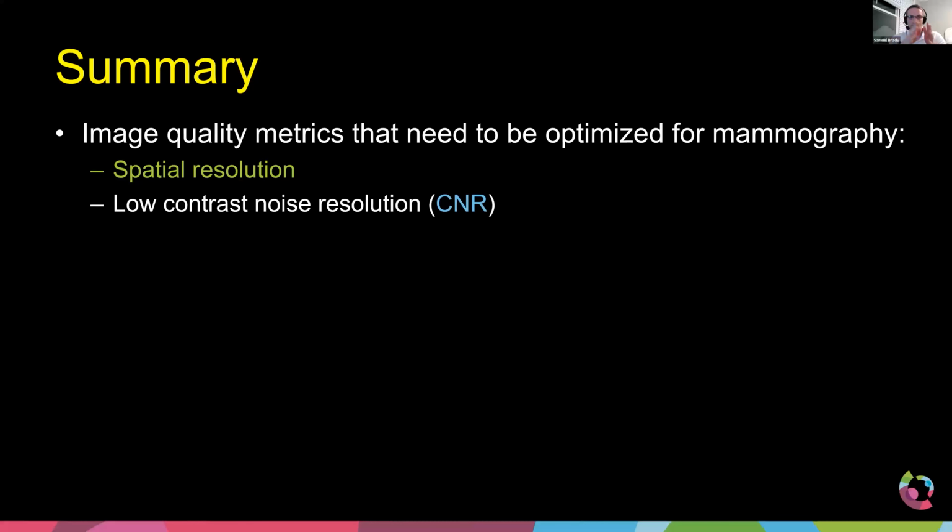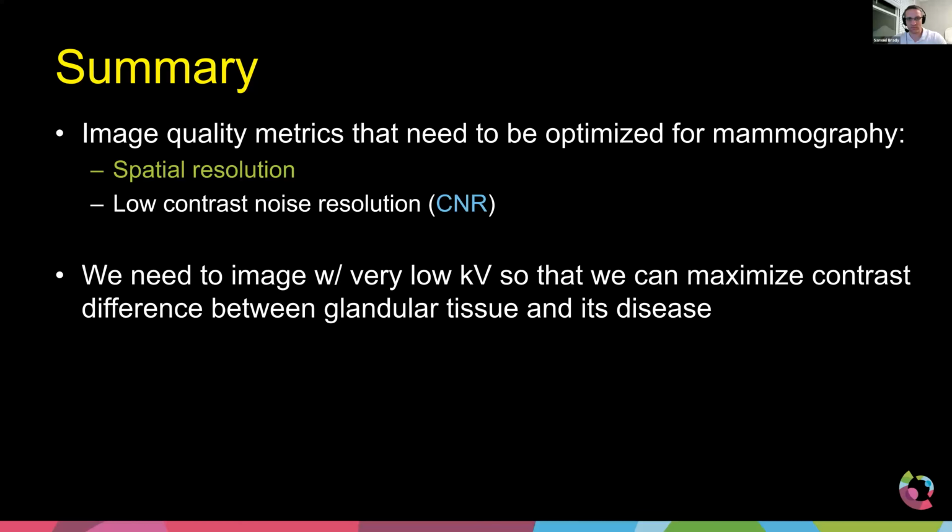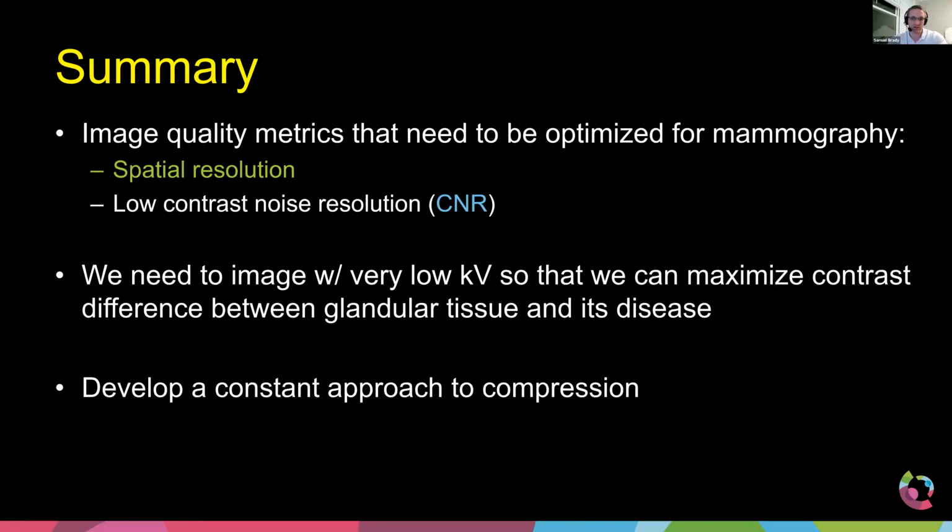In CNR, we want low kV and relatively high mA, so we get good contrast, low noise. And we talked about how we can overcome that by using small focal spots, doing either contact or magnification, getting the right anode and filter combination, and so on.